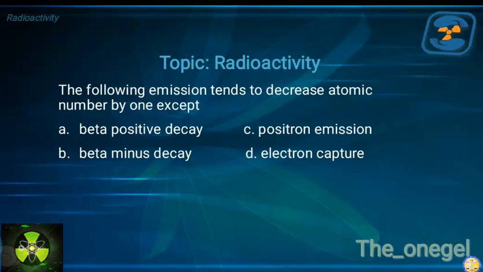Okay, number 4. The following emission tends to decrease atomic number by 1. So, ano yung plus na nagbabawas? Pero may sinabi pa ditong except. So, yung pipiliin natin is hindi nagbabawas bagkus yung dumadagdag ng isa. So, yung minus na nagdadagdag, that is beta minus decay.